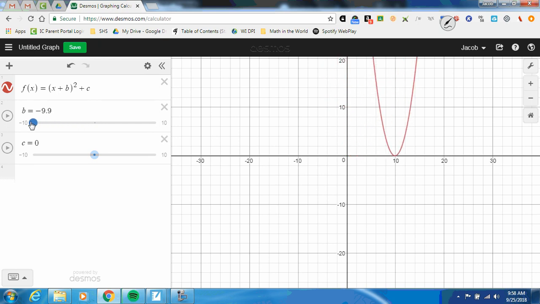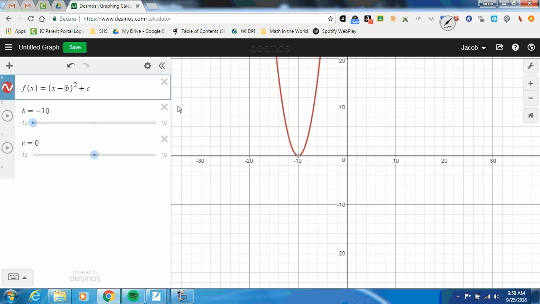But look at that. And when my b value is negative, it actually goes to the right. Okay? So really, what we do when we write this is I subtract it. Now, it follows my intuition. When b is positive, it moves to the right. When b is negative, it moves to the left.